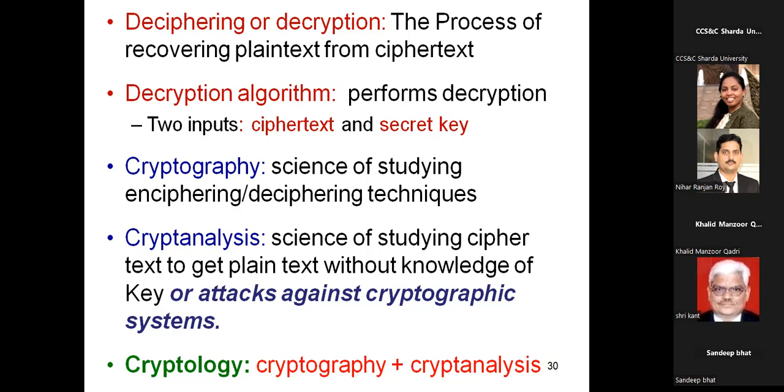So both are always fighting each other, the cryptographers and the cryptanalysts. Okay, and when these two subjects, cryptography and cryptanalysis, are taught together, mixed together, that is called the main subject, cryptology. So cryptography is not the only thing. Cryptology is the main subject where anybody, any practitioner, must understand the basics of cryptography as well as cryptanalysis. Is that clear?